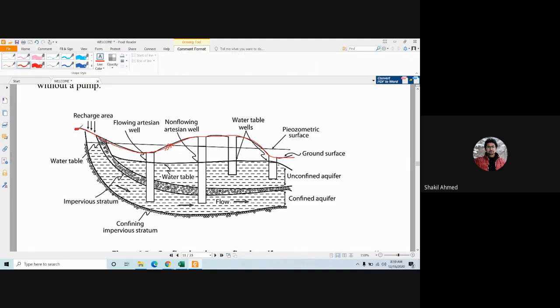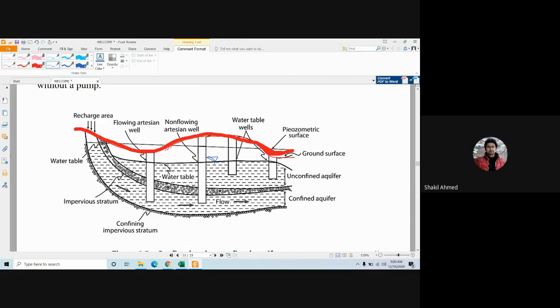This is the ground surface. Now, where is the water table? The water table is here.